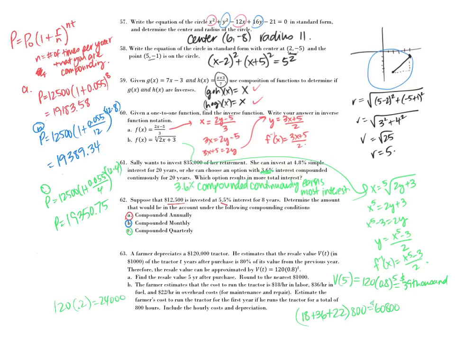Okay, so his total amount that he is running the tractor is going to be 24,000, which is the amount that it's depreciating, plus it's going to cost him 60,800 in labor, fuel, and overhead costs. If we add those two together, we get 84,800.